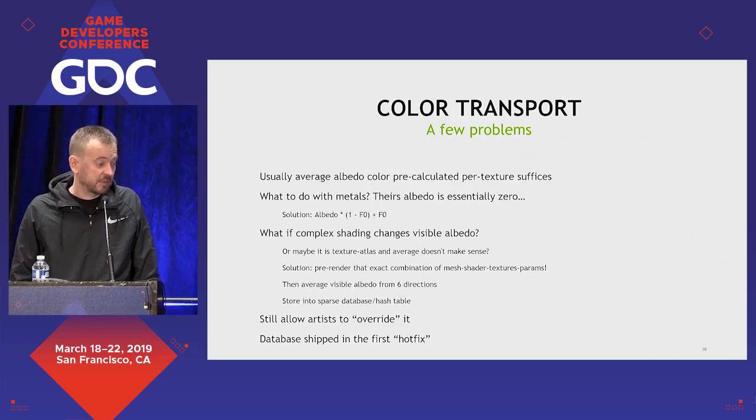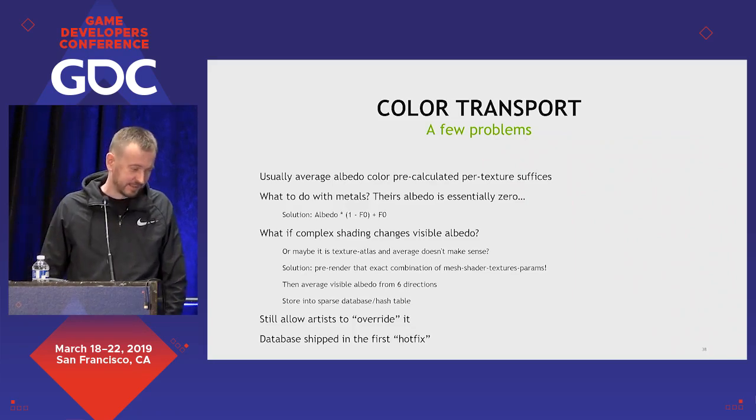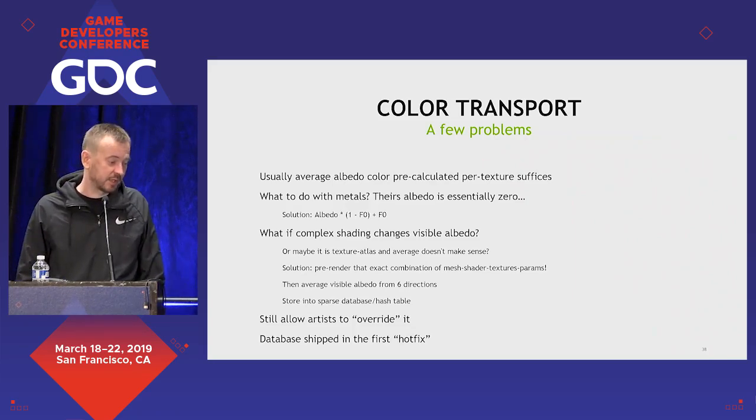What we did later, we pre-render all meshes used in the game from different viewpoints and average that exact albedo. That solved almost all the issues, but we still allow artists to override that with custom albedo.